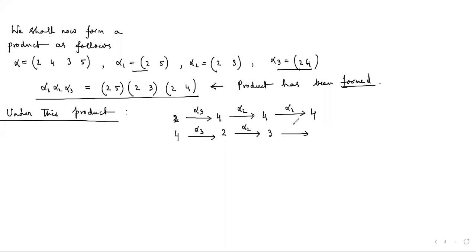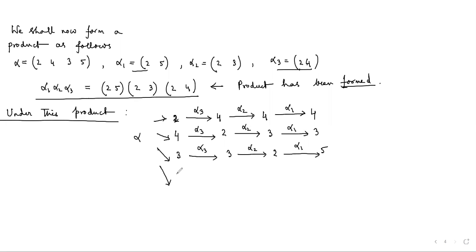And under alpha 1, 3 is going to 3. Next element is 3 in alpha. We are choosing all the elements of alpha. Under alpha 3, 3 goes to 3. Under alpha 2, 3 goes to 2. Under alpha 1, 2 goes to 5.